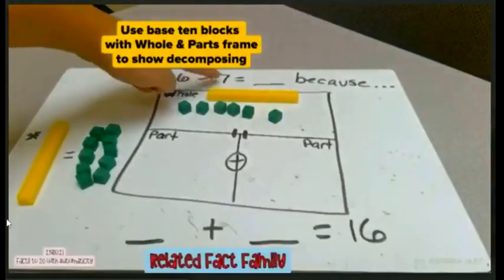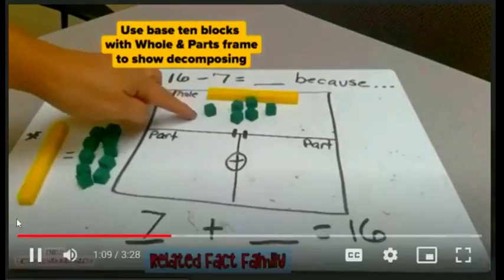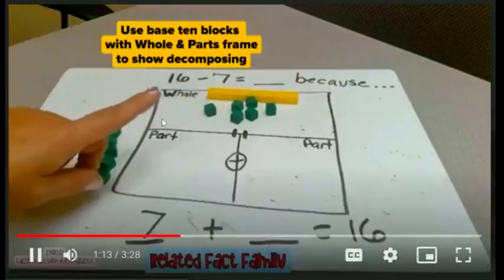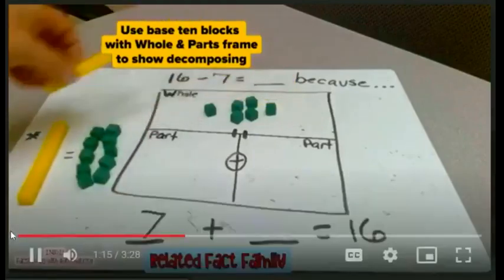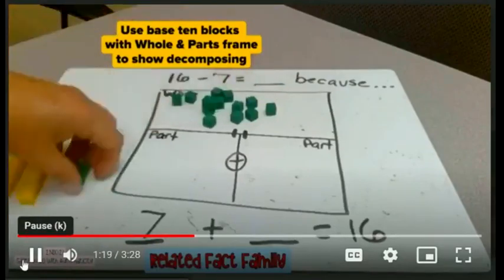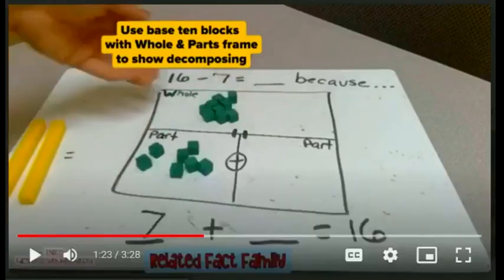Here I've made the whole-part chart bigger so that students can also manipulate breaking apart and decomposing when we're subtracting. In this case, I gave them an example where they would need to regroup. Again, students might not need to regroup if they have another strategy from first grade, such as doubling.